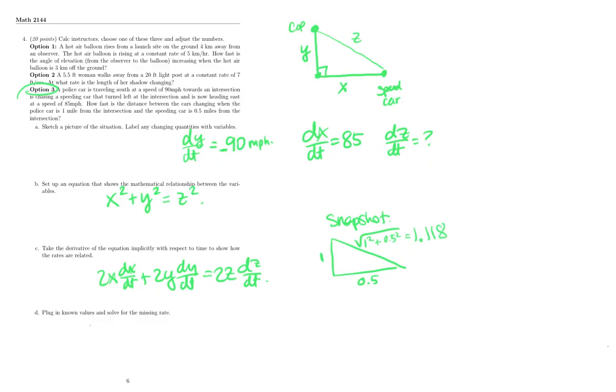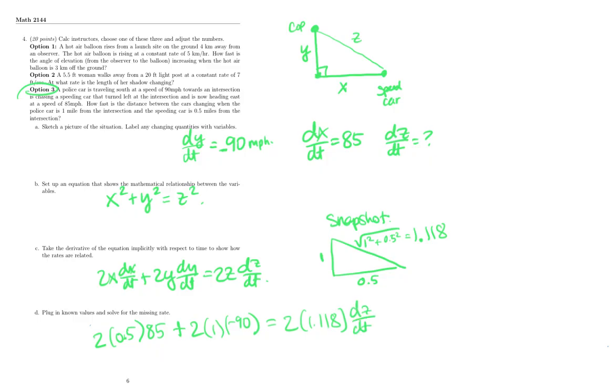And so I can plug in all those values. So 2 times the x, which is 0.5, times dx/dt, which is 85, plus 2 times the y, which is 1, times dy/dt, which is negative 90, equals 2 times the z, which is 1.118, times dz/dt.